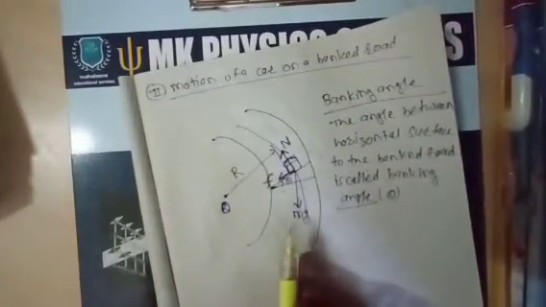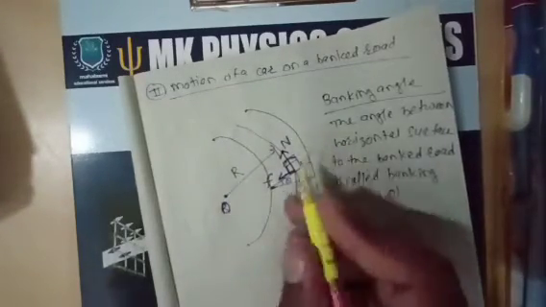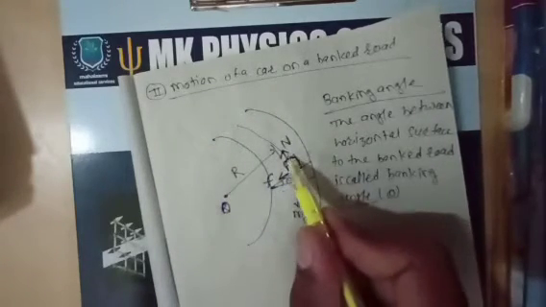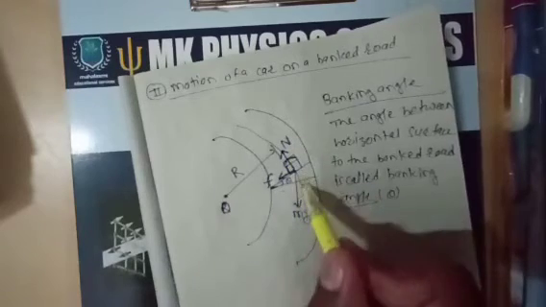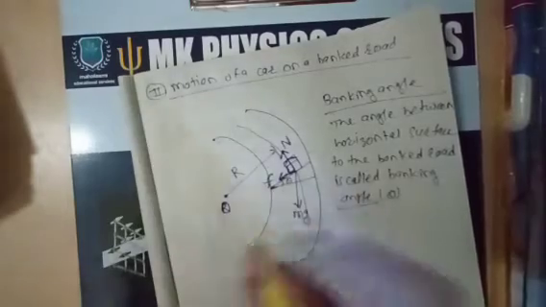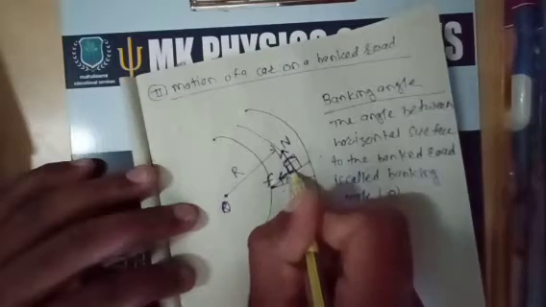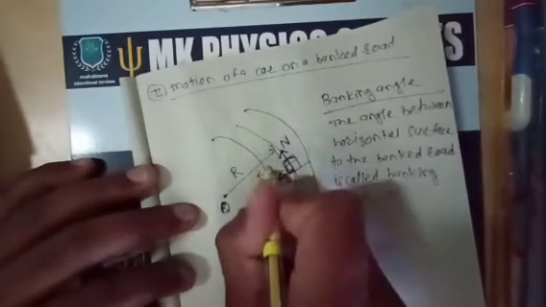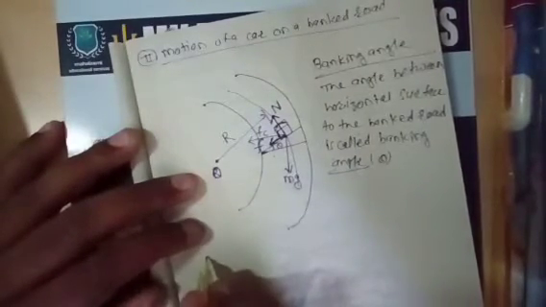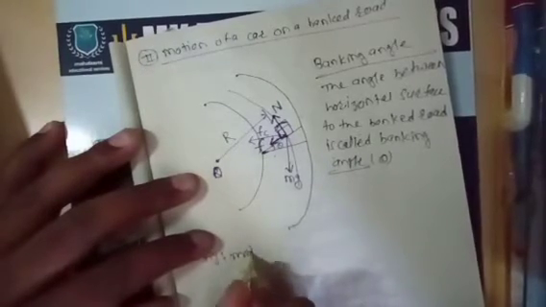Now when the car is traveling in a banked road having a mass m and moving with a speed v, on that car there will be three forces. N is normal to the car, mg is in a downward direction, and frictional force is towards this direction. The centripetal force acts towards the center. This is the figure of motion of a car on a banked road.